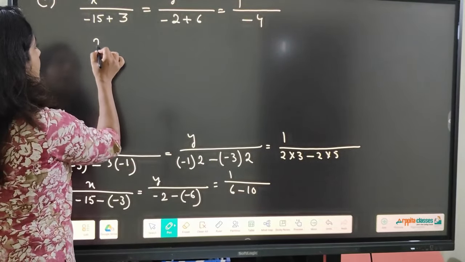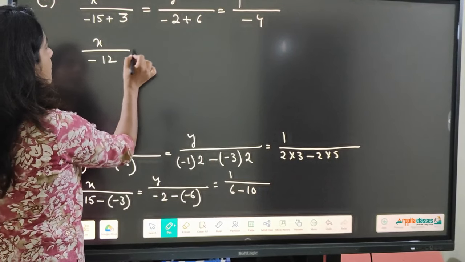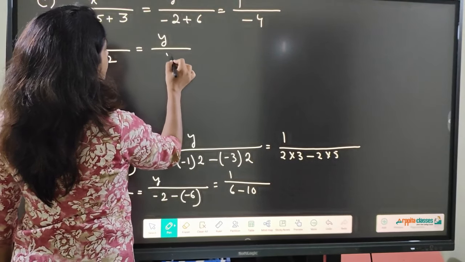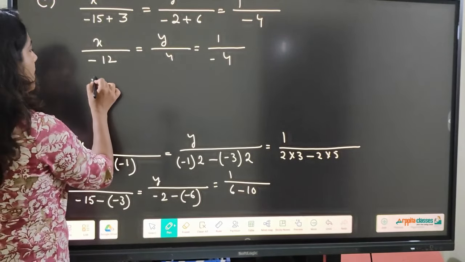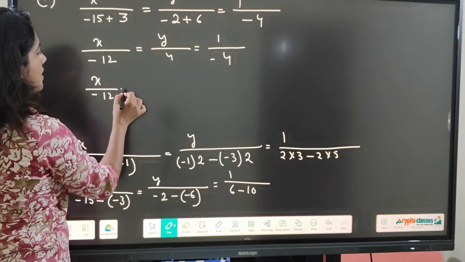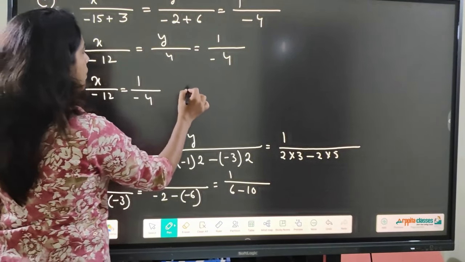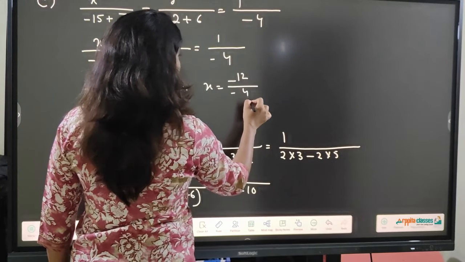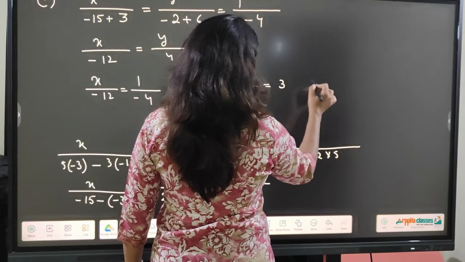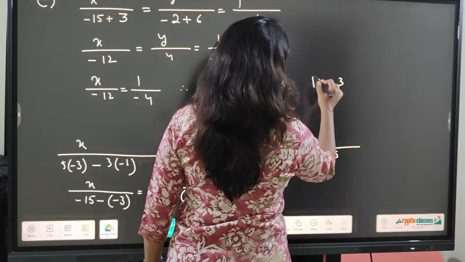So here x upon minus 12, y upon 4, 1 upon minus 4. So first I'll make x upon minus 12 is equal to 1 upon minus 4. Therefore x is equal to minus 12 upon minus 4, that is 3. So the value of x we are getting 3 from here.